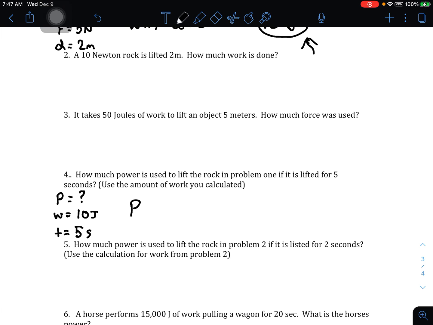Okay, so this problem is going to be power equals work divided by time, which is going to be equal to 10 joules divided by 5 seconds, which is equal to 2, and the units of power are watts. Okay, so my answer is going to be that it required 2 watts of power to do that.